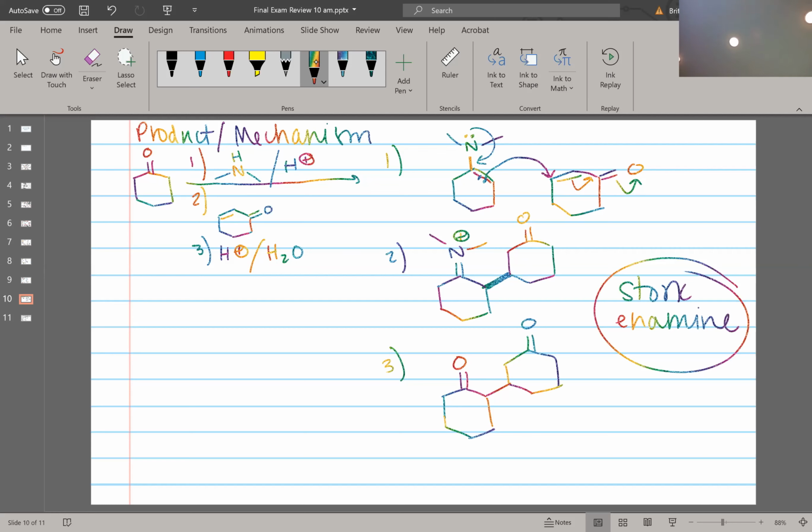So this is the reaction that you want to look up if this doesn't really ring a bell for you. So step 1 is enamine formation. Step 2 is a Michael addition. Step 3 is hydrolysis of iminium ion.